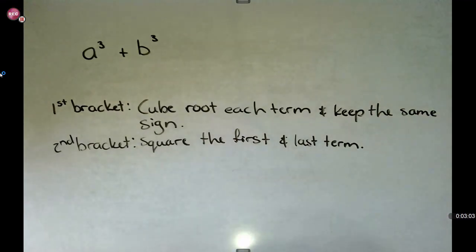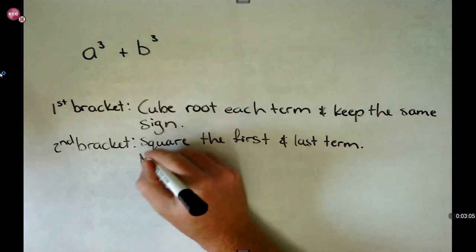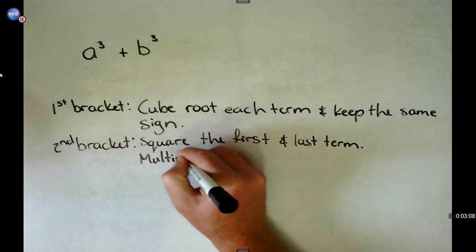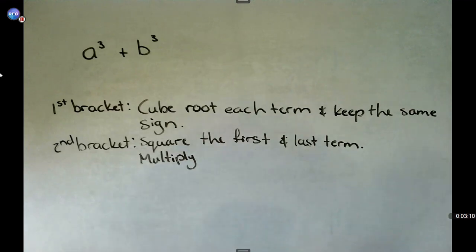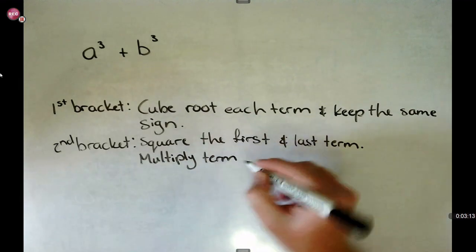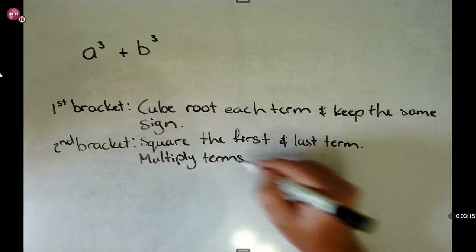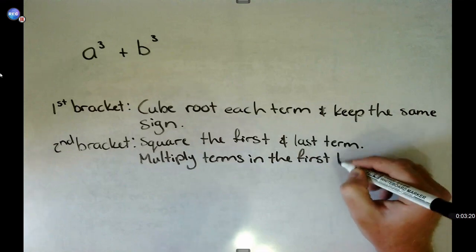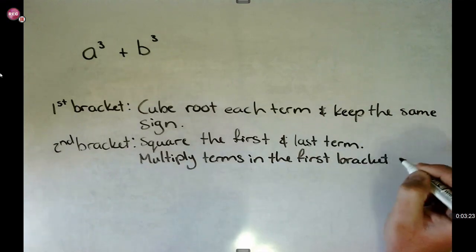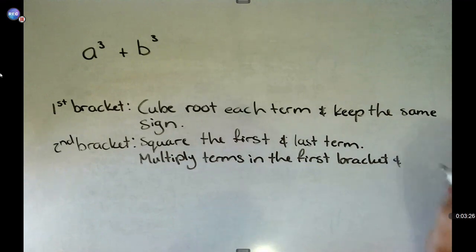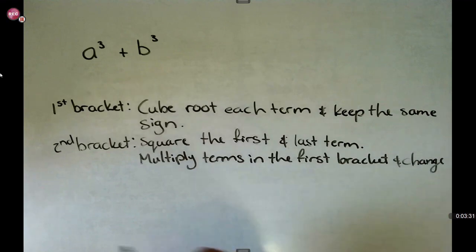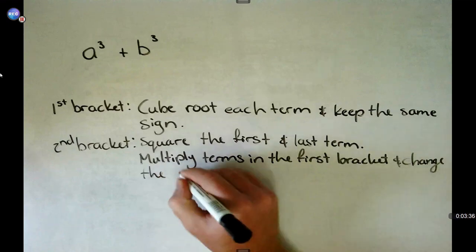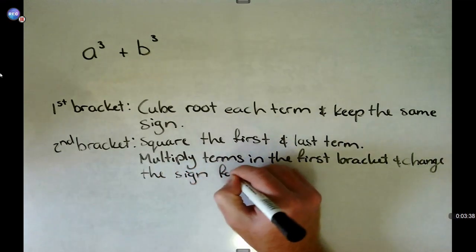And then on that we need to multiply the terms in the first bracket. And when you do that, you then need to change the sign for the middle term.